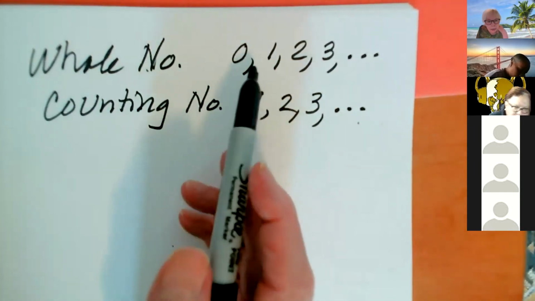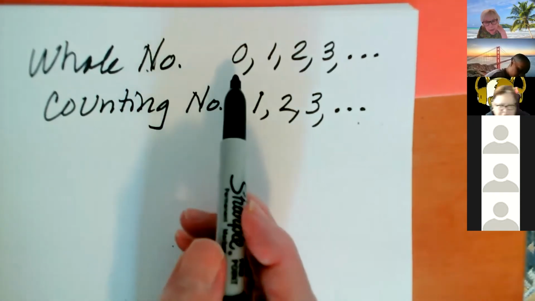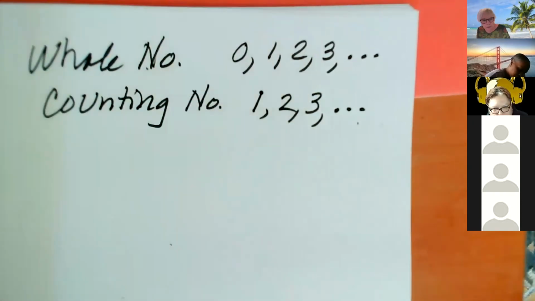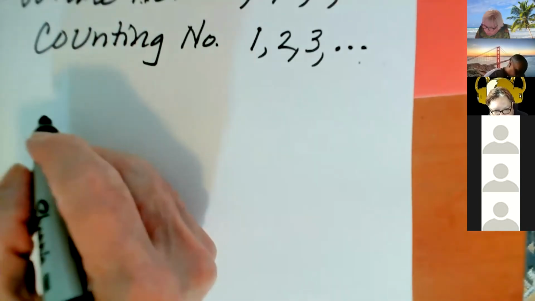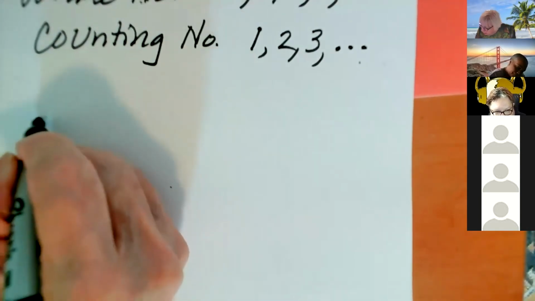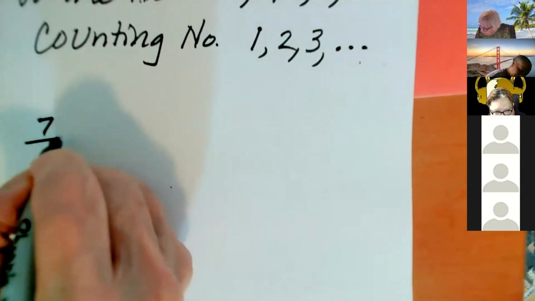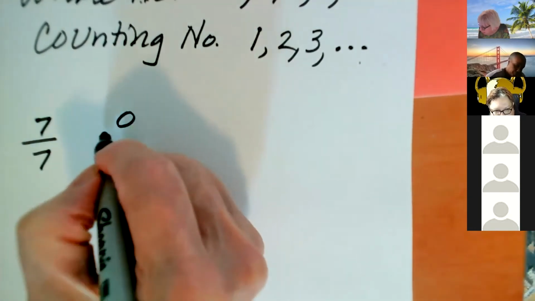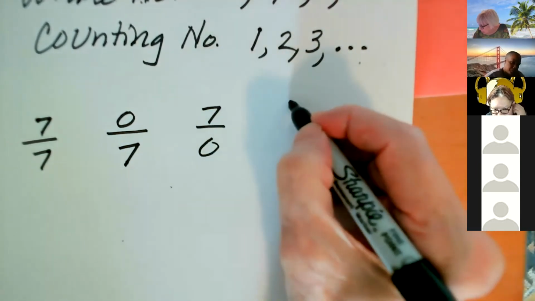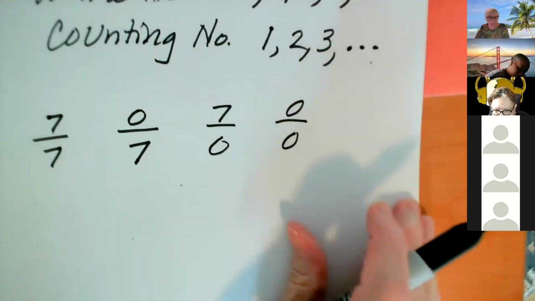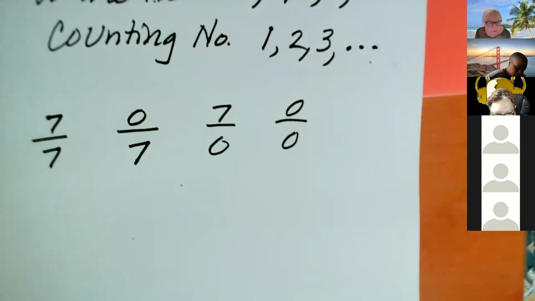But here's the deal about division. 0 can be a problem. So what I want to do is give you a bunch of problems. 7 divided by 7, 0 divided by 7, 7 divided by 0, 0 divided by 0. Well, can you give me the answer to any of these? 0 divided by 7 is 7?